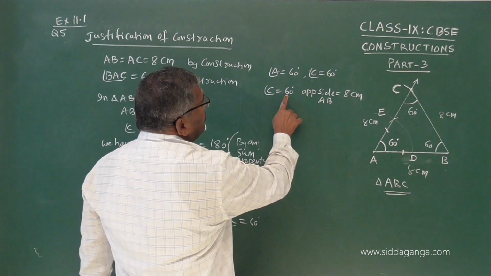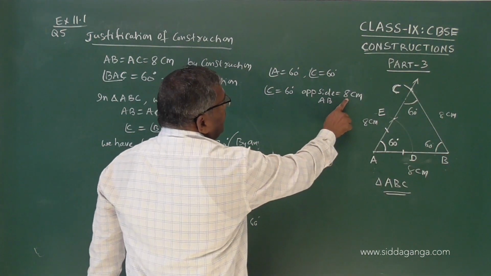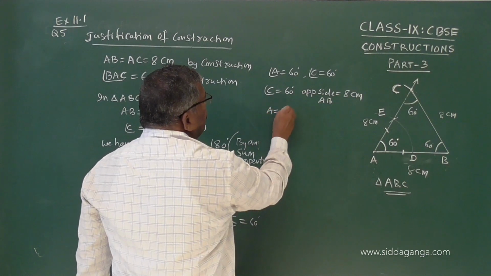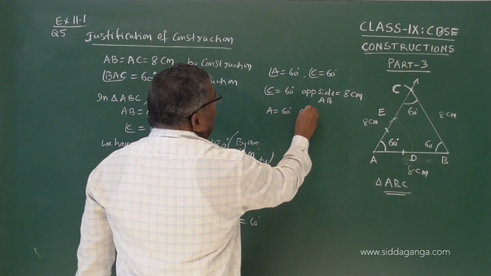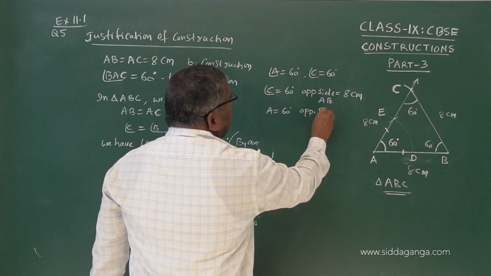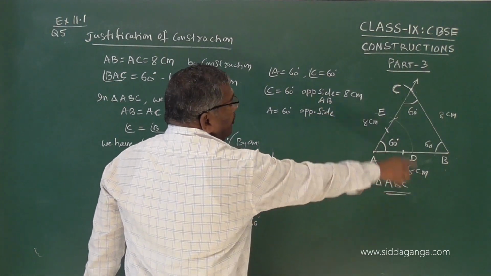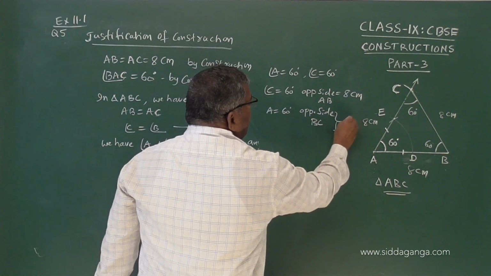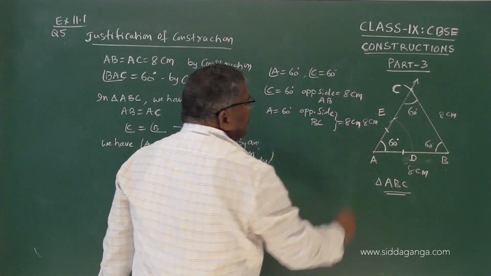When C is equal to 60 degree with opposite side 8 centimeter, A is equal to 60 degree, so the opposite side BC must also be equal to 8 centimeter.